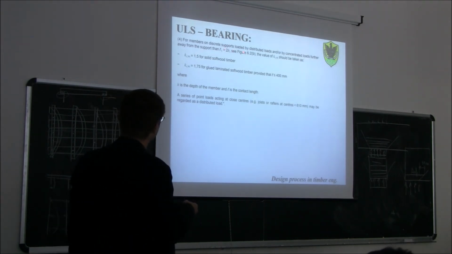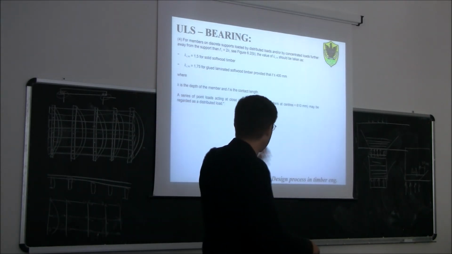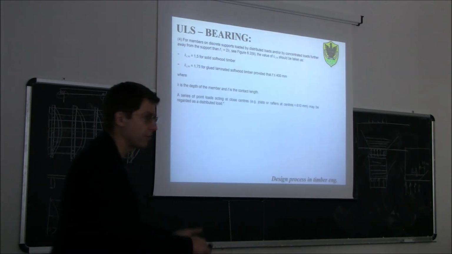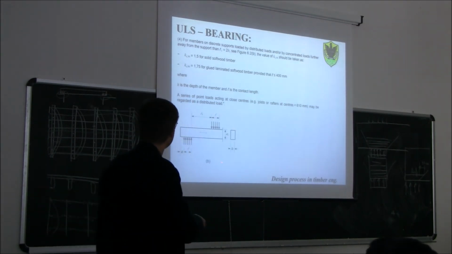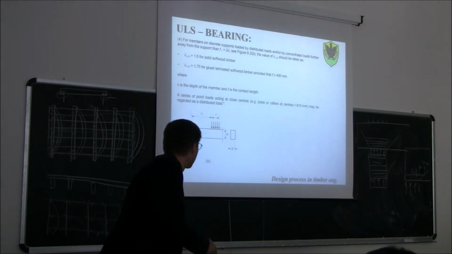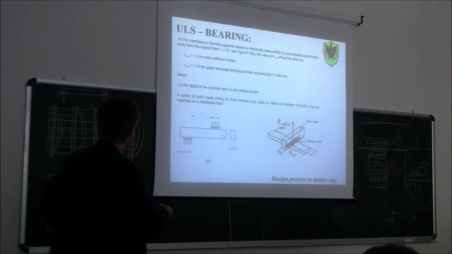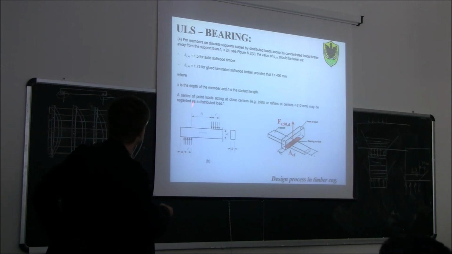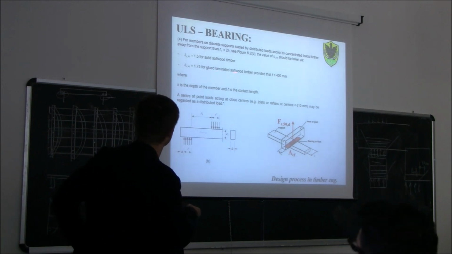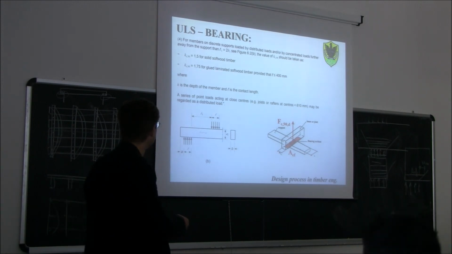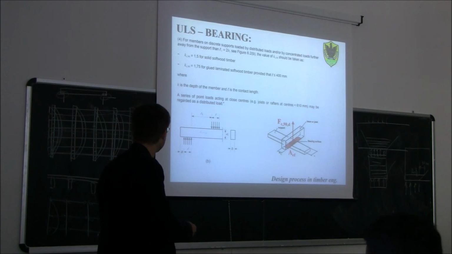For members on discrete supports loaded by distributed loads, we have another case. These regulations are a bit boring, but we just need to consider them and read them. So, for example, in this equation here, for members on discrete supports like here, loaded by distributed loads or by concentrated loads further away, we can take kc90 equal to 1.5 for solid softwood timber, 1.75 for glued laminated softwood timber, provided that l is less than 400 millimeters.